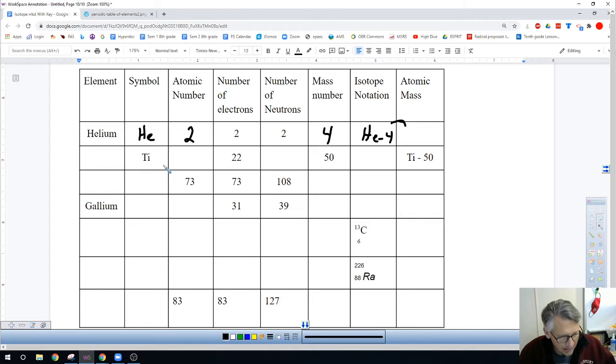Ti is titanium, and I'm just going to double check that. There it is.